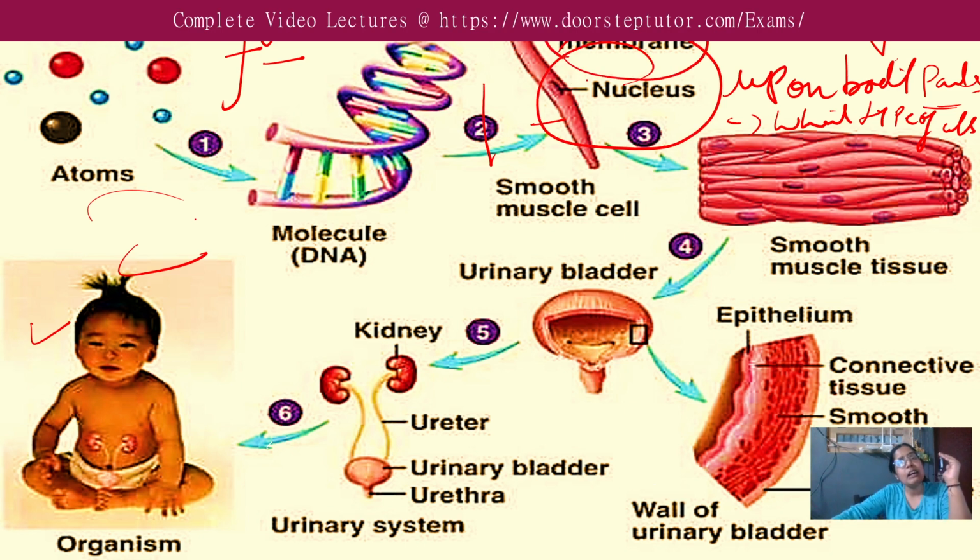Everything has a reason why I have mentioned it here. Atoms form the molecule that forms this particular structure of the smooth muscle cell, and this molecule is composed of base pairs. You can see here AT and GC. The stacking is very important, the zigzag pattern, this helical structure, eventually forming this part, and then forming a tissue.